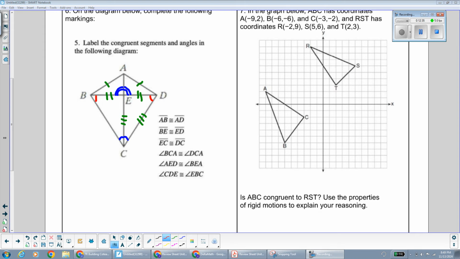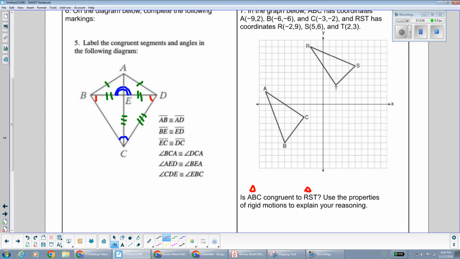For this next one, we need to explain if or if not triangle ABC is congruent to triangle RST. And we need to use the properties of rigid motions to explain our reasoning. So if we can find a rigid motion that maps one onto the other, then that will tell us that the triangles are in fact congruent.